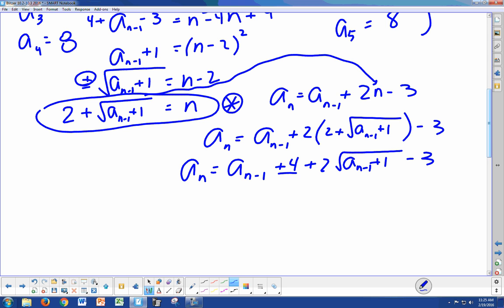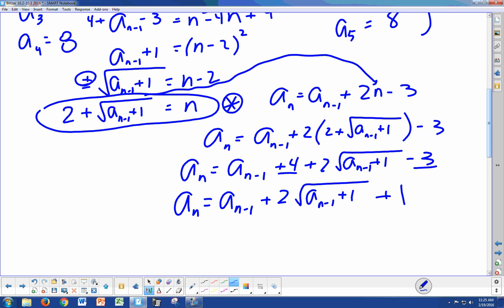Notice that this 4 and this 3 will combine, and our final solution here, a sub n is equal to a sub n minus 1 plus 2 times the square root of a sub n minus 1 plus 1, plus 1.